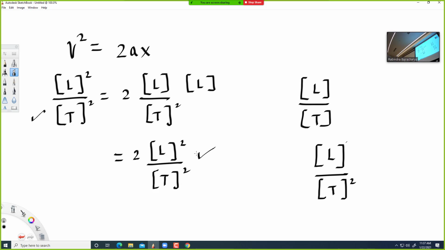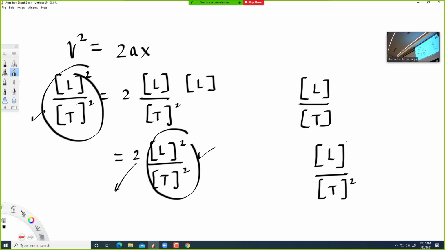So it's dimensionally consistent. Again, there's no dimension for a pure number. So same on left and right. So you need to figure out which of the given formulas are dimensionally consistent.